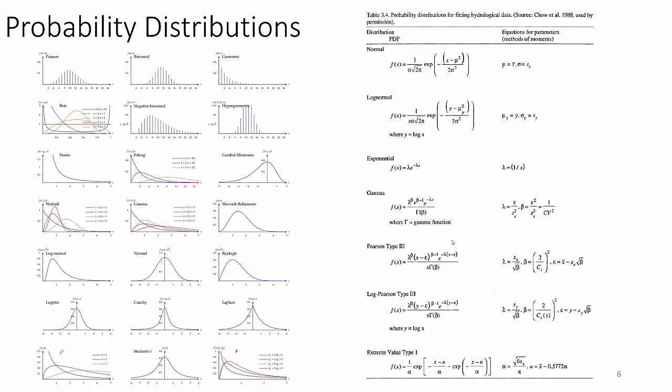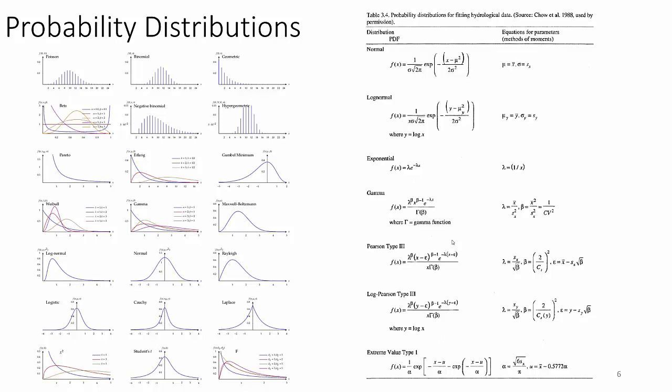Some function of x equals, in the normal distribution you can see to the right, we can define that distribution if we know a couple of things. If we know x, we know the mean, we know the standard deviation, where mu equals the mean and sigma equals s sub x, the standard deviation, we can calculate a normal distribution.